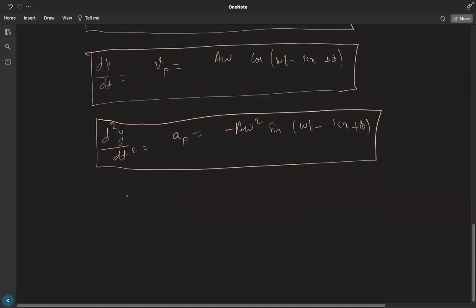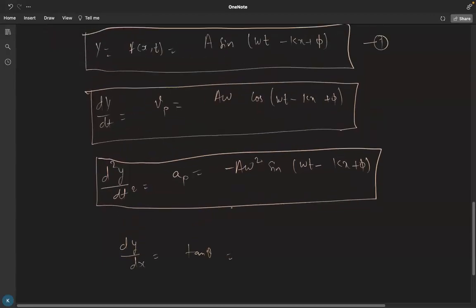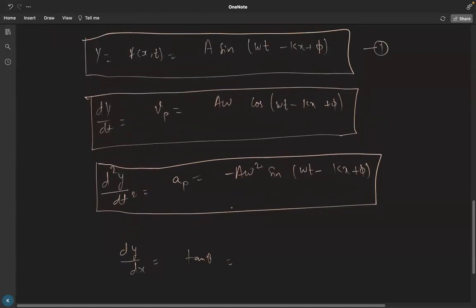Now, the next thing is dy by dx, which is tan theta. If you differentiate equation 1 with respect to x, what I get is minus a into k, and the differentiation of sine is cos, so minus ak cos(omega t minus kx plus phi).